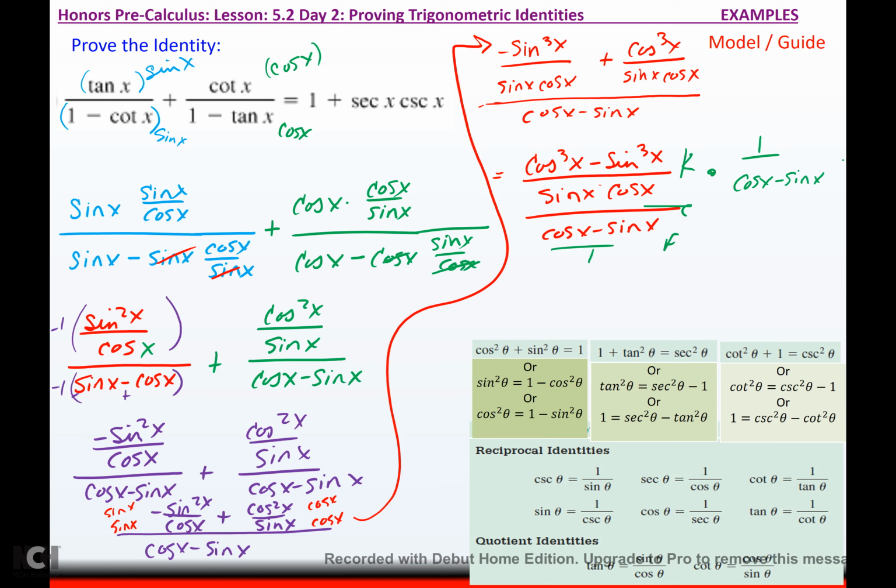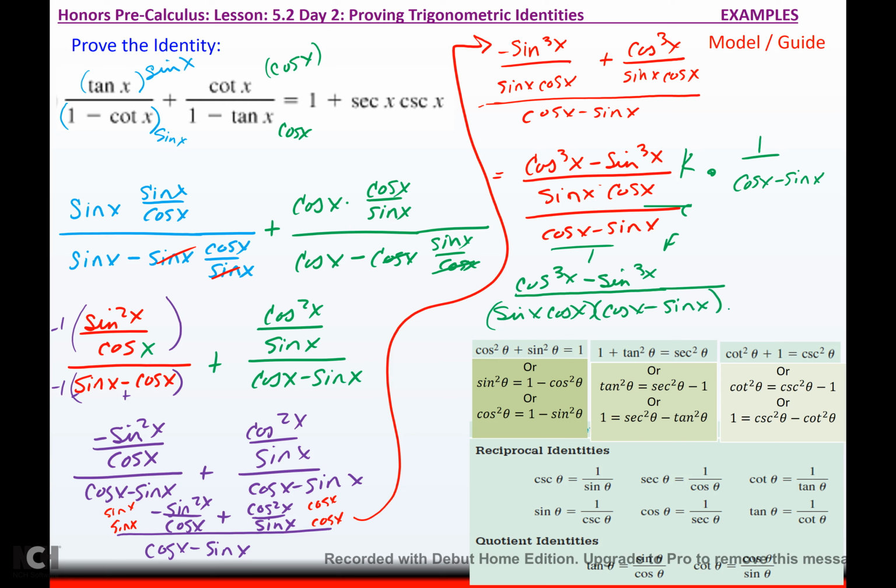And then if I factor, that's going to give me cosine cubed x minus sine cubed x all over sine x times cosine x times cosine x minus sine x.